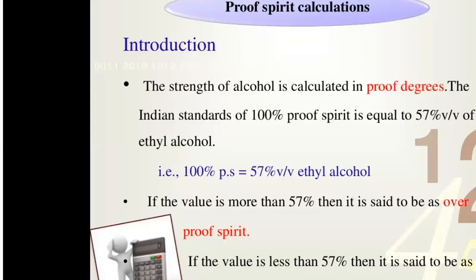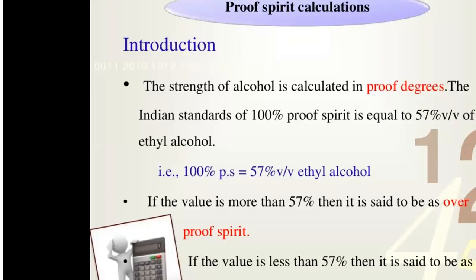Simply, 57% volume by volume ethyl alcohol is called 100% proof spirit. If the value is more than 57%, it is overproof spirit. If the value is less than 57%, it is underproof spirit.